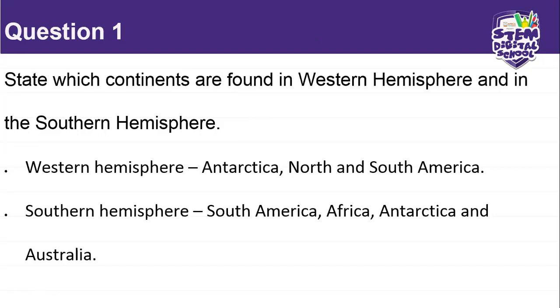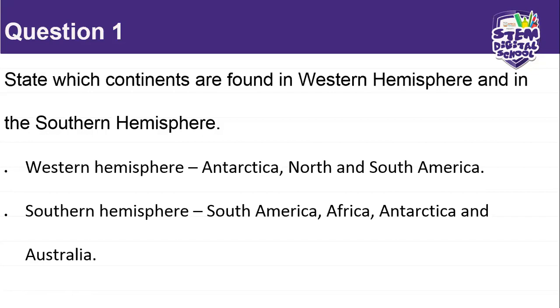So you're supposed to write for Western Hemisphere: Antarctica, North and South America. Those continents are found in the Western Hemisphere. And then Southern Hemisphere: South America, other part of Africa, Antarctica, and Australia.